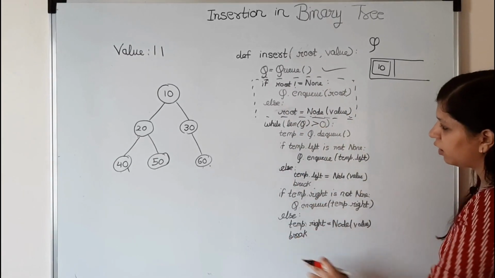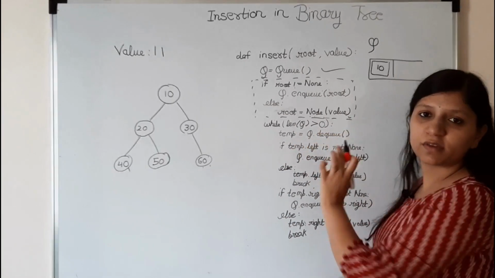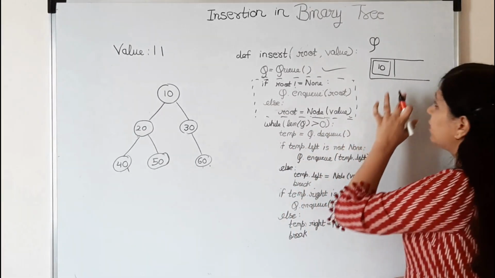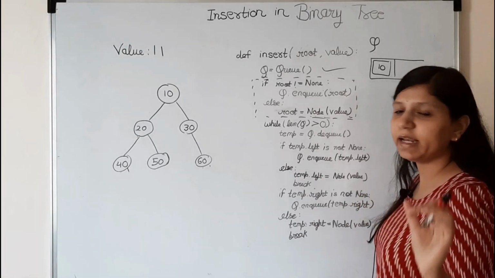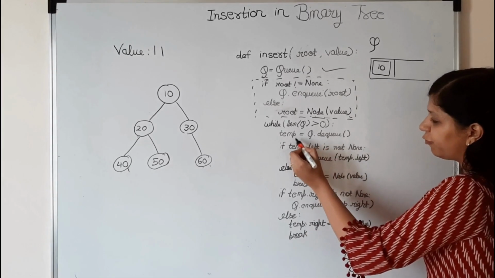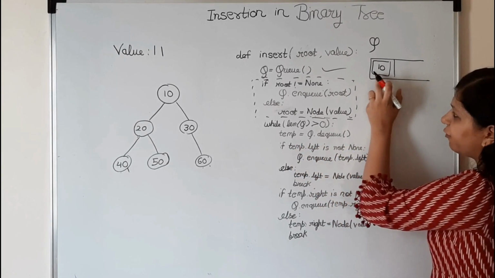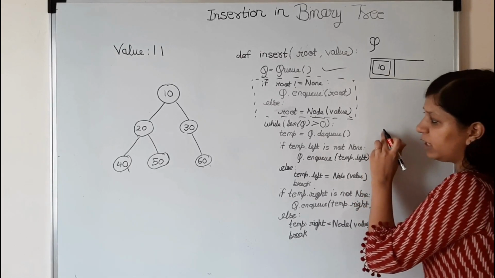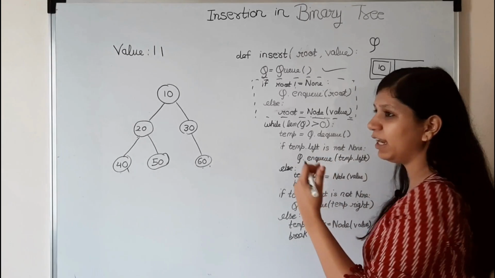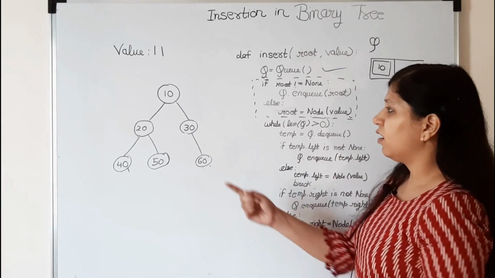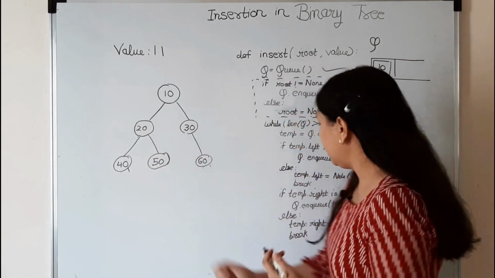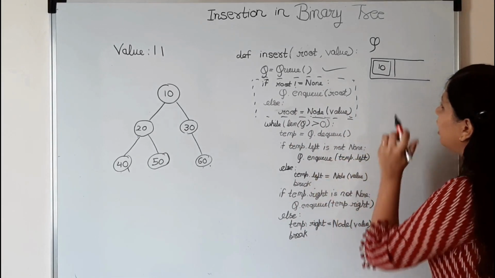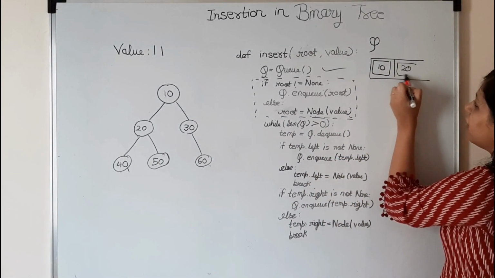Now we are running a loop till the length of the queue is greater than 0. It means the queue is having some elements. So first thing is we'll dequeue the very first element. So this is 10. We'll dequeue 10 and we'll check the left and right of it. So the left is 20 and it is not none, so again we are going to enqueue it.